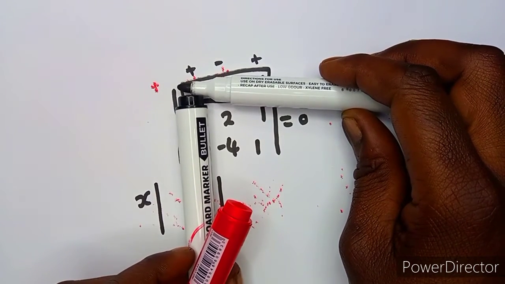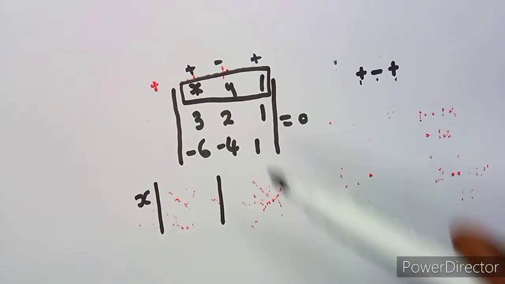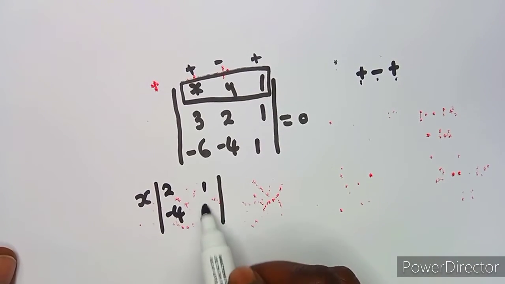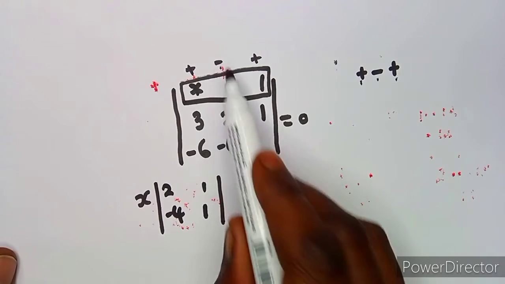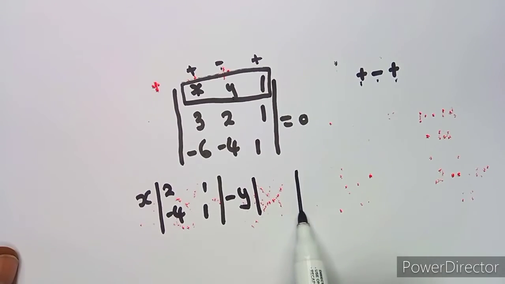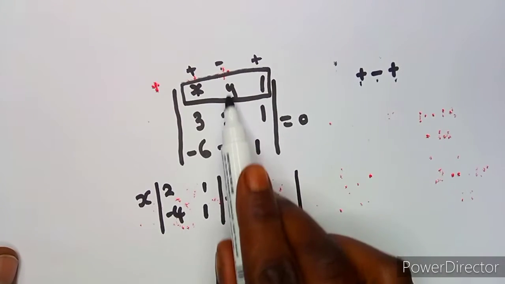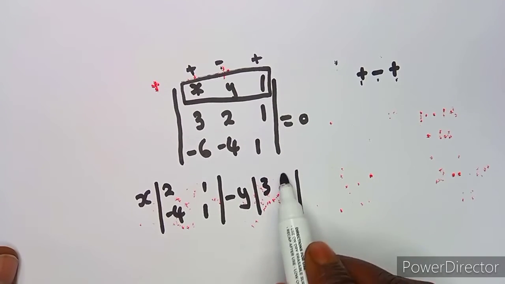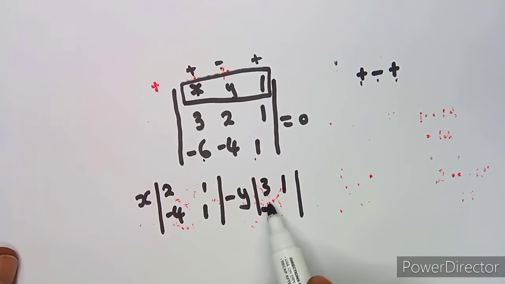So you're going to be left with 2, -4, 1, and 1. You do the same for minus times y, which is minus y like this. You close the row and the column, so you're going to be left with 3, 1, -6, and positive 1.